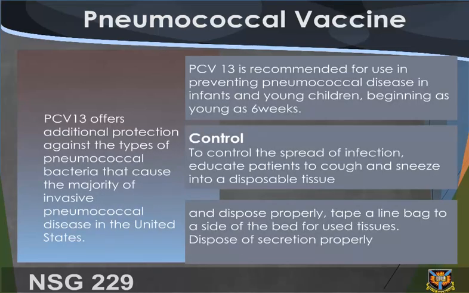PCV13 offers additional protection against the types of pneumococcal bacteria that cause the majority of invasive pneumococcal disease in the United States. PCV13 is recommended for use in preventing pneumococcal disease in infants and young children beginning as young as 6 weeks. Control.